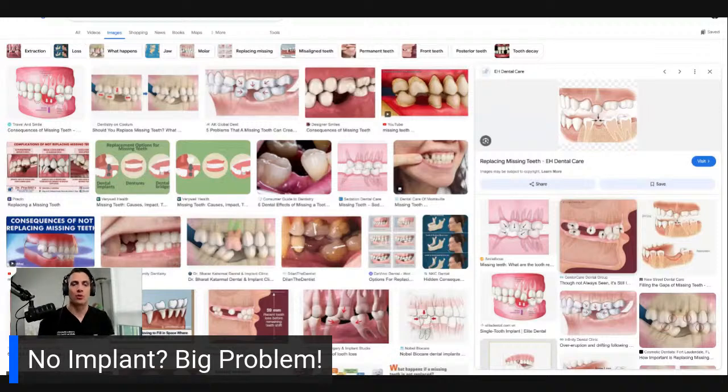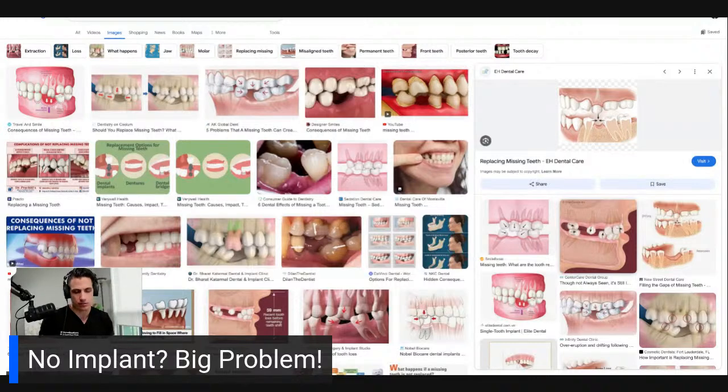Because if you don't put an implant in, now you have a slew of problems that are incredibly expensive to reverse, if at all, right? If you catch it early, you can reverse it, but obviously the cost is much, much more, and the treatments are much more extensive. Now you've lost bone, you've lost tissue, and you can't regain those things. So now you're working to make sure that things don't get worse anymore.